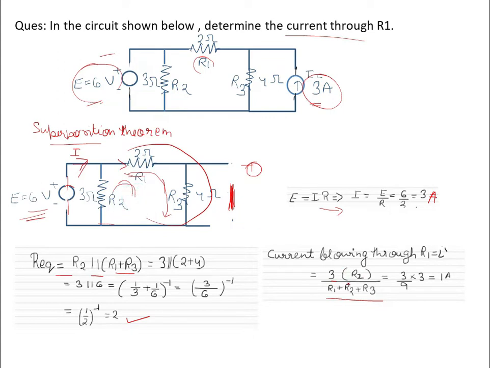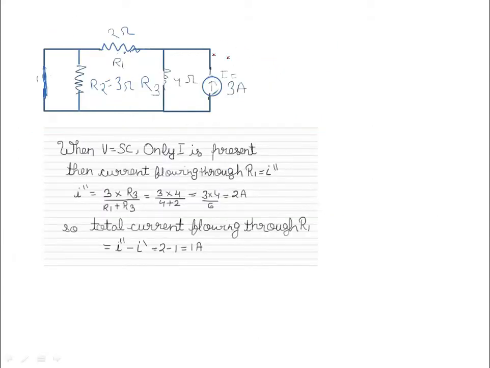So we multiply it by R2, and so 1 ampere current is flowing in this direction due to this voltage source.